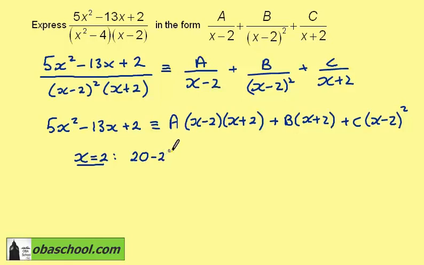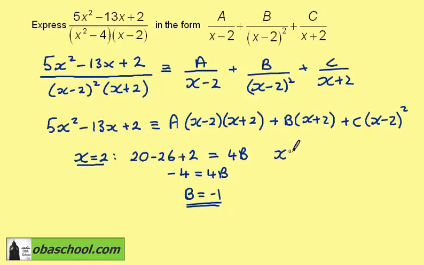Take away 13 times 2, which is 26. Add 2. This is equal to, remember this disappears, just leaving us with the b, so we get 4b. This is minus 4 is 4b, and therefore b is equal to minus 1.